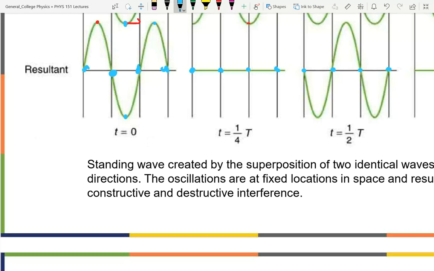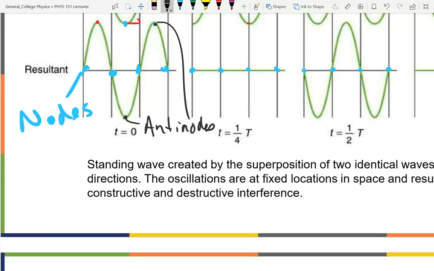And the places where it does not move, we call nodes. The places where we have the maximum motion, we call antinodes. So if you have a standing wave, that's when these words apply. If it's not a standing wave, they simply don't apply.